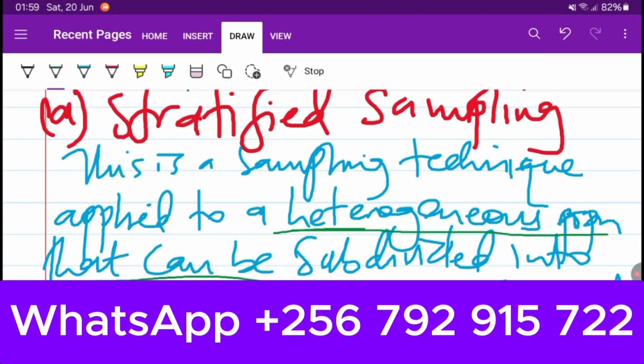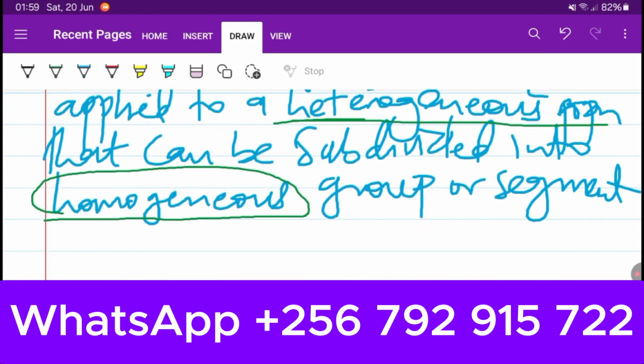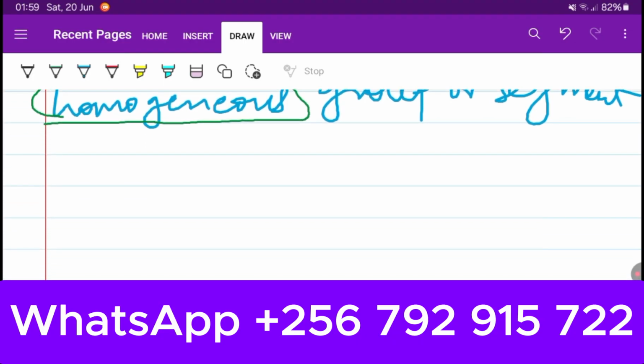If they are dealing with tribes, they keep grouping different tribes in different groups called the strata. And those strata are the ones now forming the sample. But remember, all these groups are picked out of the entire population.